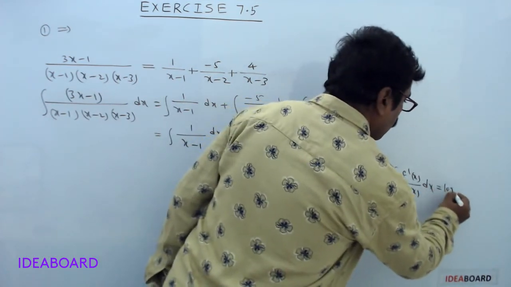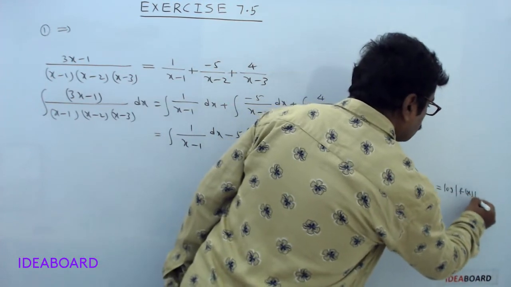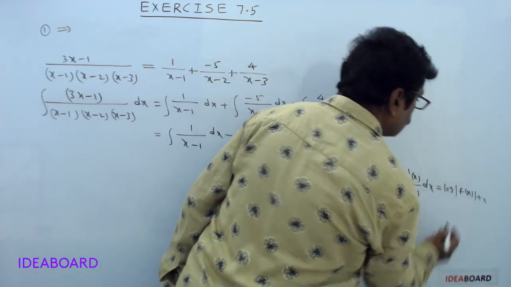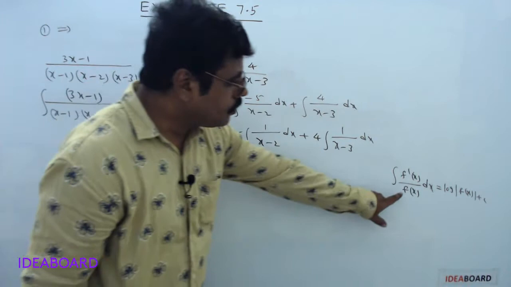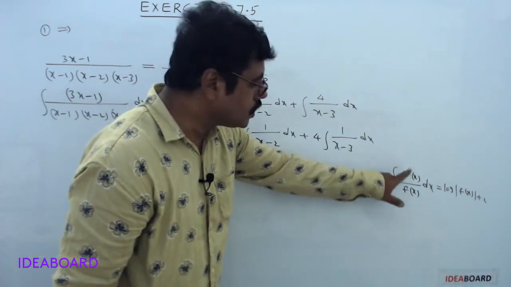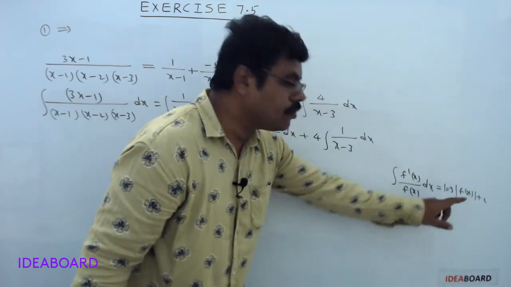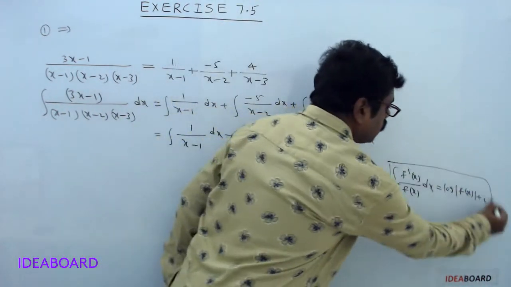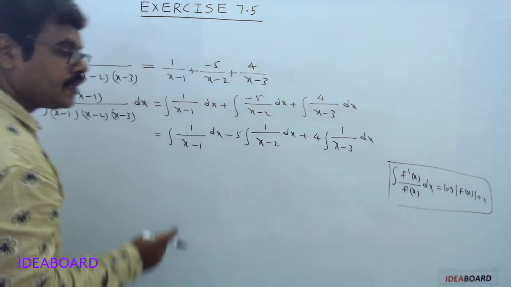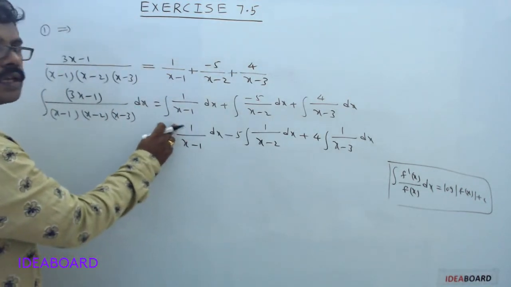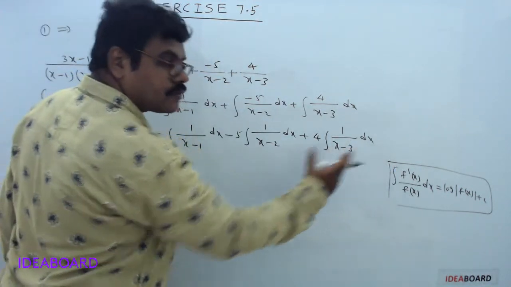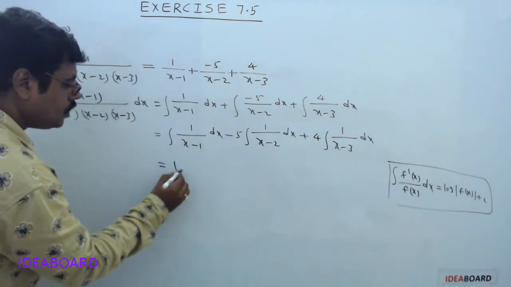It is log mod f of x plus a constant term c. If the derivative of the denominator is in its numerator, what is its answer? Log mod denominator plus some constant c. Now use this formula. Here the derivative of the denominator is in its numerator.